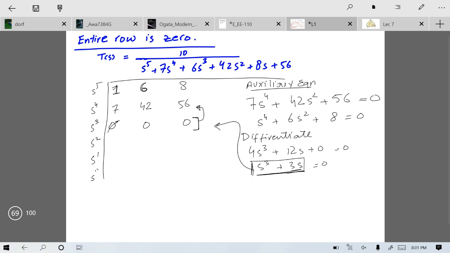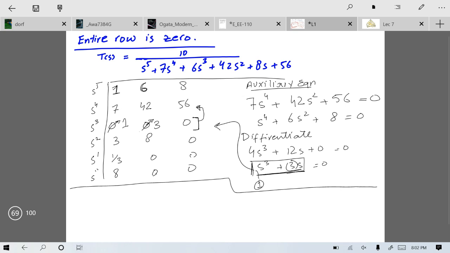Replace this 0 with 1. Replace this 0 with this 3. So there will be 1, 3, and 0. So now you can continue your rest of the calculations, which you can do at home as well, which will be 3, 8, 0, 1 by 3, 0, 0, and 8, 0, 0.